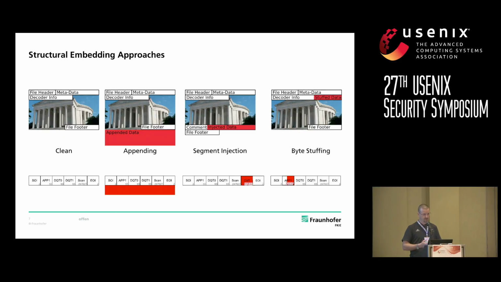And finally, you can use byte stuffing. So here you'll have basically a legitimate image, and you'll just take a segment that's legitimate in all respects, but it has two true properties. One is that it has a length field, and the other is that the structure of the segment is fixed from a decoder's perspective.